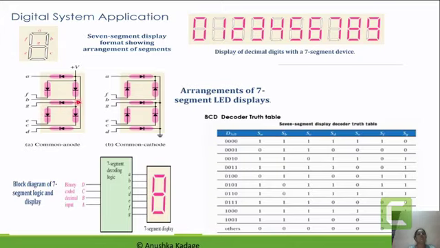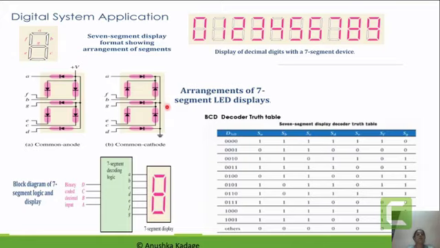For G segment, the anode is connected, and all of this combination has been connected to this plus 5 volt. In the same manner, for the remaining segments also, the corresponding LED anodes will be connected to plus V volt. And if such a combination is present, it is said to be the common anode type of 7 segment display.